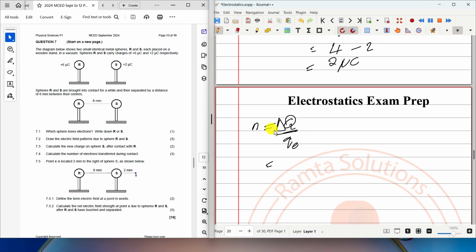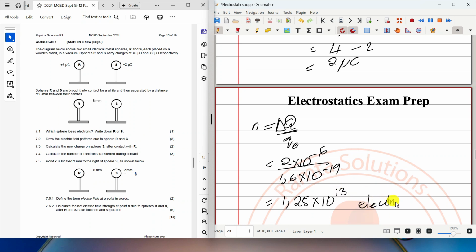But this Q, we're going to make it change in Q. So what is this? It's going to be 2 times 10 to the negative 6 over charge of an electron, which is given. It's 1.6 times 10 to the negative 19. So this is 1.25 times 10 to the 13 electrons.